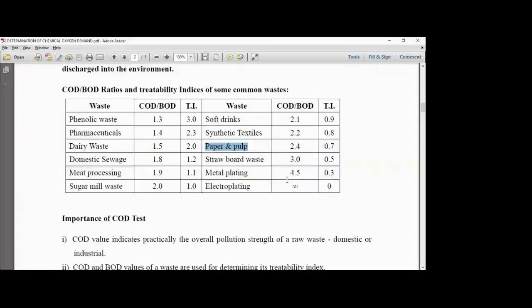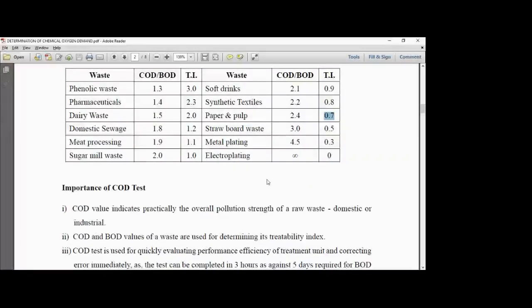Or even in the recycling of paper, for example newspaper, there is ink on the newspaper, and because of that the entire paper pulp gets a black color. To remove that black color, we need to add a huge quantity of hydrogen sulfide, and so the waste that is created has a treatability index of 0.7. So this is for your information, and you can judge how high or how low the chemicals will be.